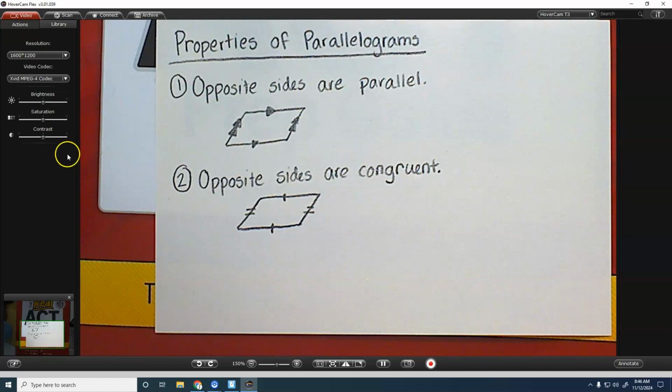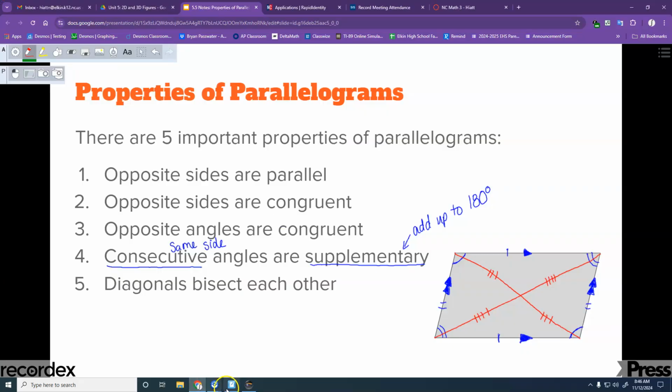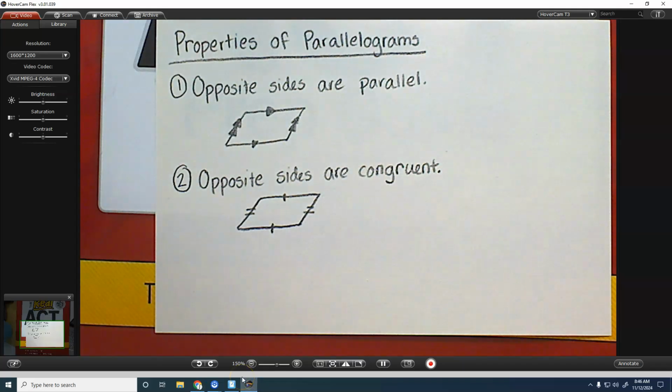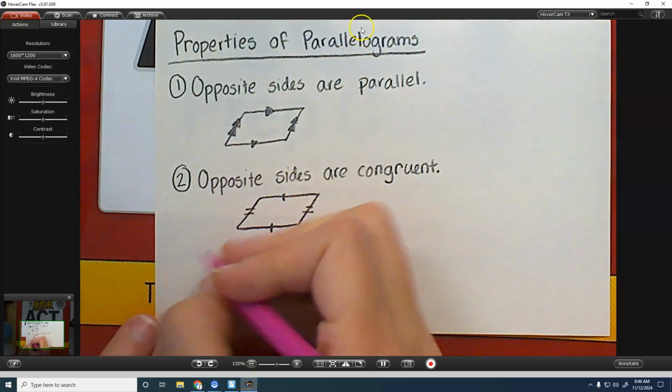What was that next one? Angles. Yeah, opposite angles are congruent. So we're going to put that one here.